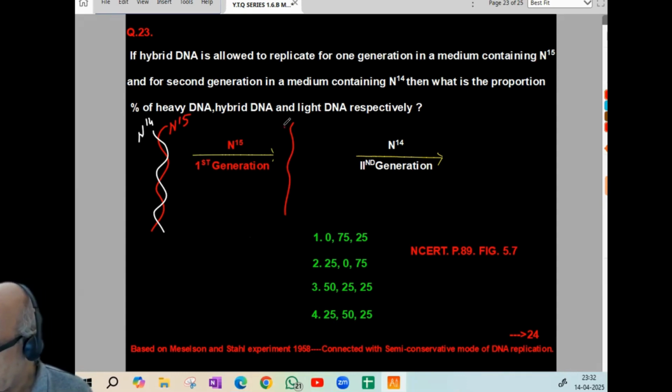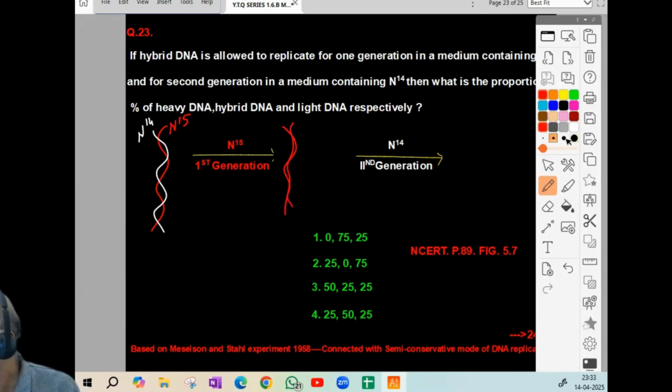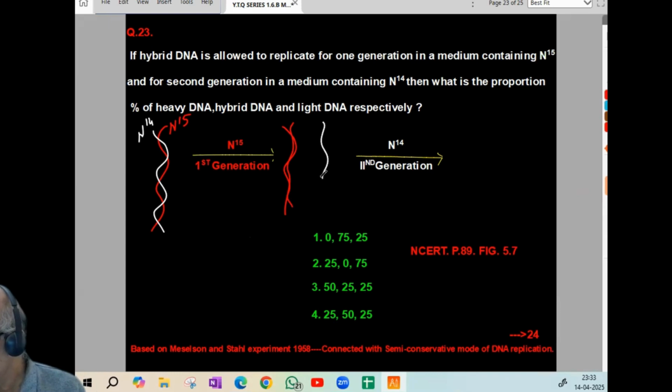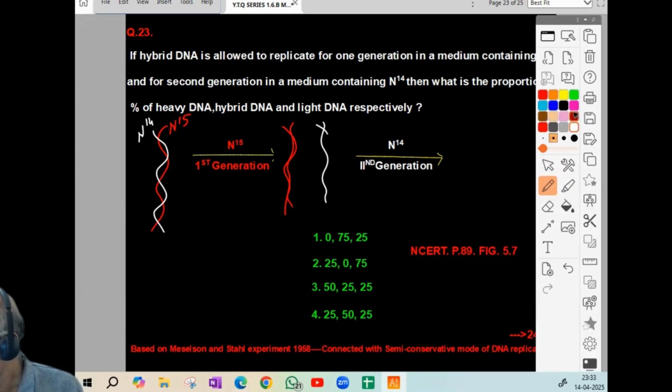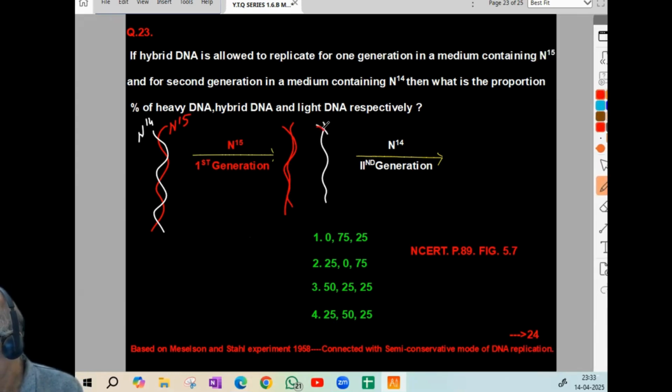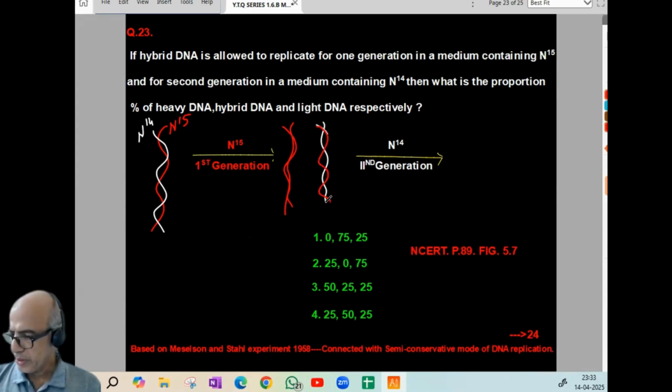So here we can find one N15 will be added. Here that N14 will be separated from N15. So again here we can find N15 medium. So they'll be like this.